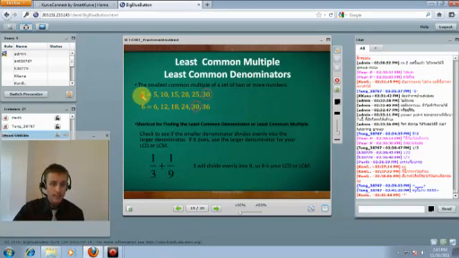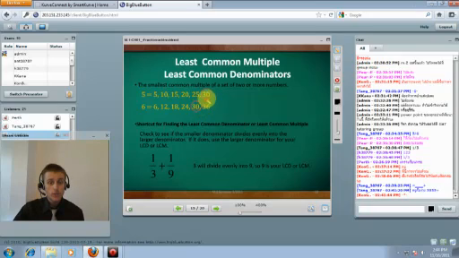So right here we have the example 5 and 6. 5 times 1 is 5. 5 times 2 is 10. 5 times 3 is 15. 5 times 4 is 20. 5 times 5 is 25. 5 times 6 is 30. 6 times 1 is 6. 6 times 2 is 12. 6 times 3 is 18. 6 times 4 is 24. 6 times 5 is 30.